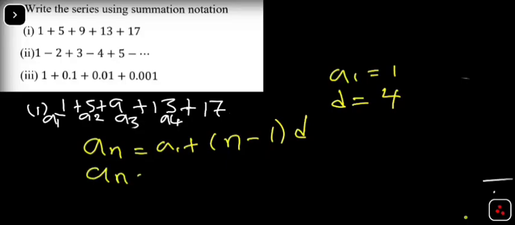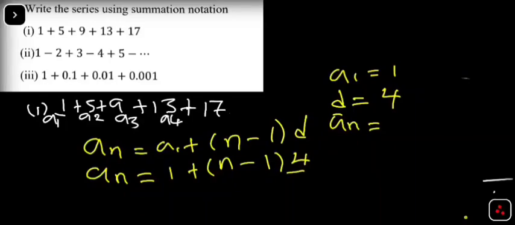Since we're finding the general term, where there's n you don't put anything; it's more like we're finding the nth term. So we have 1 plus (n minus 1) times 4. Now we start expanding. 4 times n is 4n, and 4 times negative 1 is negative 4.